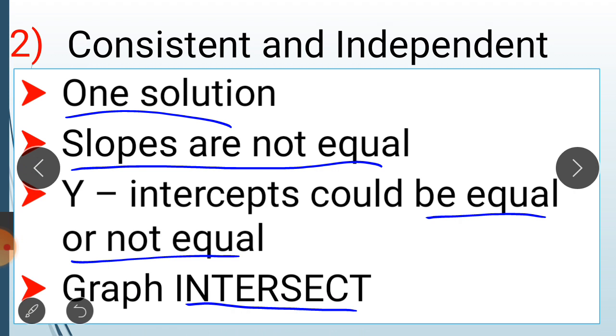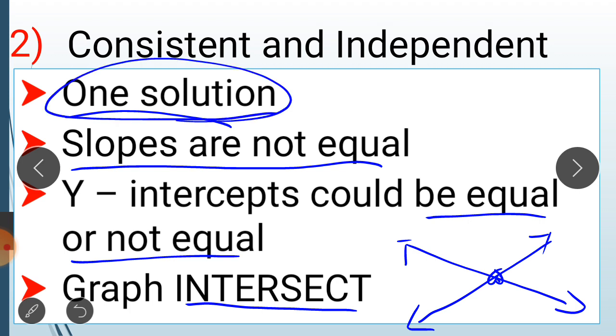So when you see intersecting lines, their point of intersection is their solution. That's why a consistent and independent system has only one solution, because their solution is their point of intersection, only one point. Okay, slopes are not equal. Y-intercept could be equal or not equal.